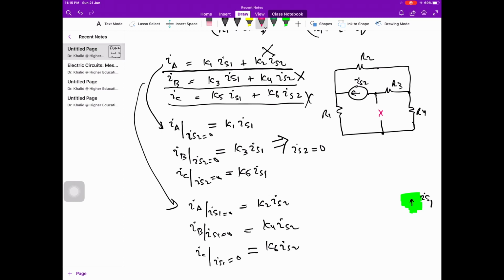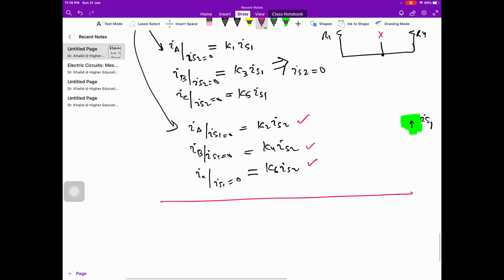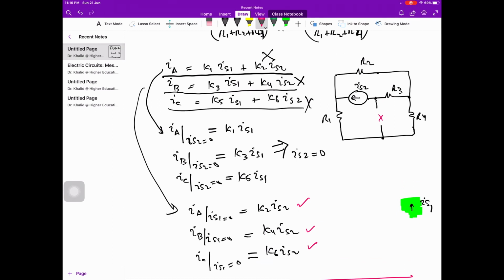Now I can find IA only due to IS2. Then I can combine IA due to both IS1 and IS2. This is known as the principle of superposition, and this principle of superposition will be discussed in the next part of the discussion.